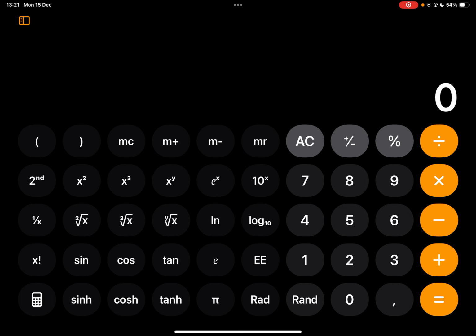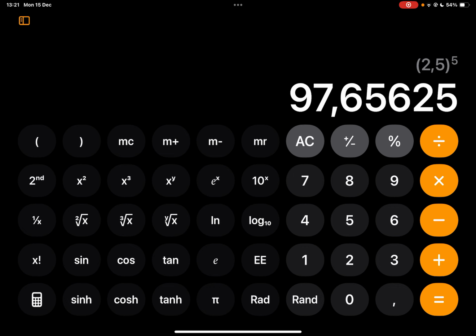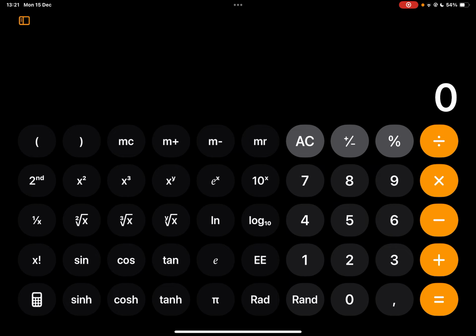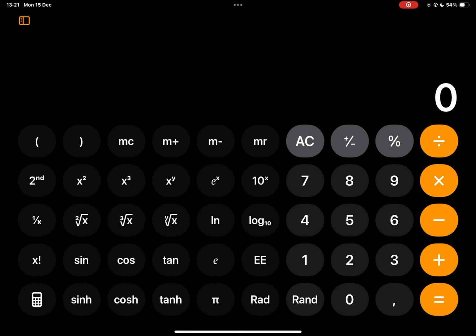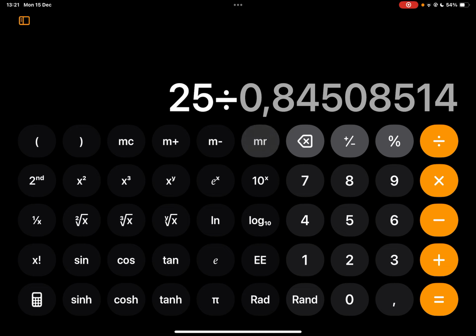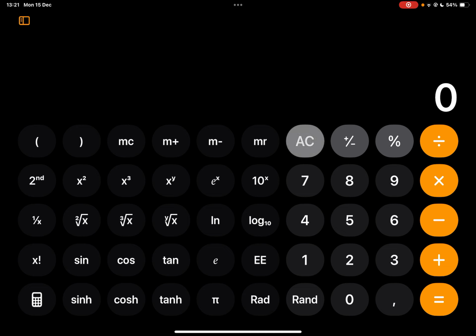Yes. So we can easily say 2.5 all to the power of 5. That gives us this whole ugly number. Now that number, so we'd say 25 divided by, excuse me, boys and girls, I apologize.